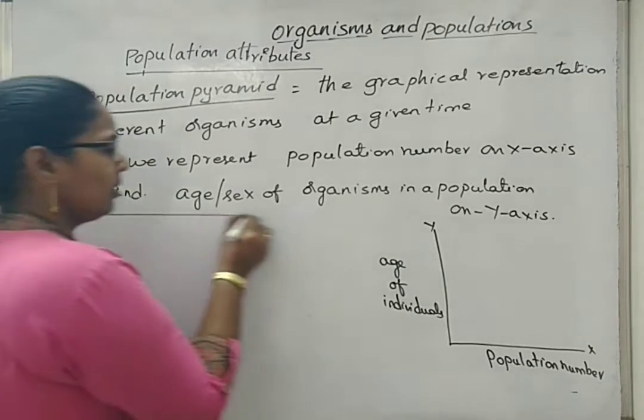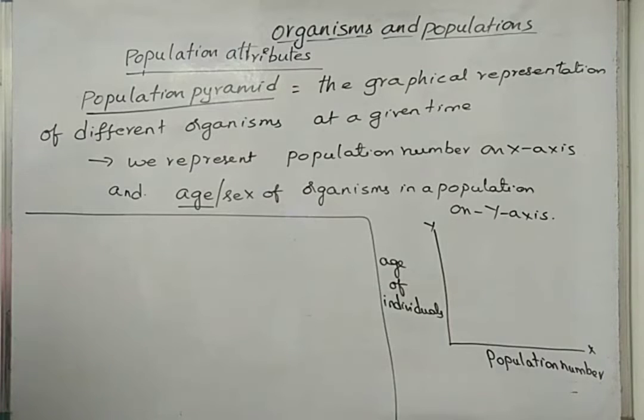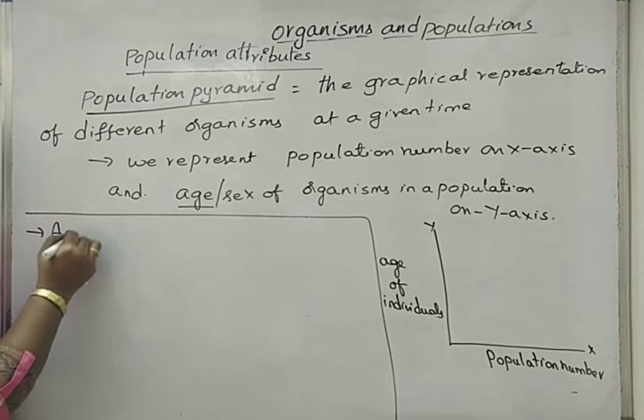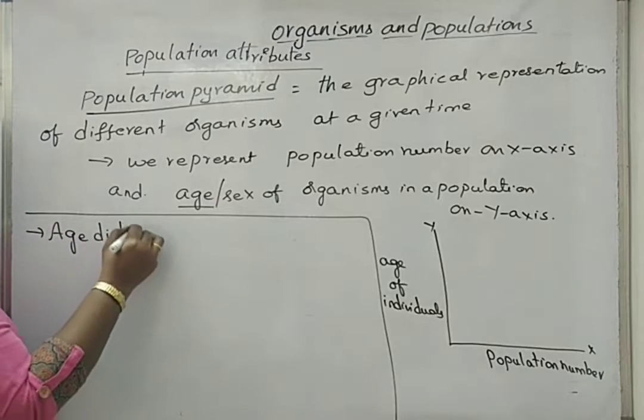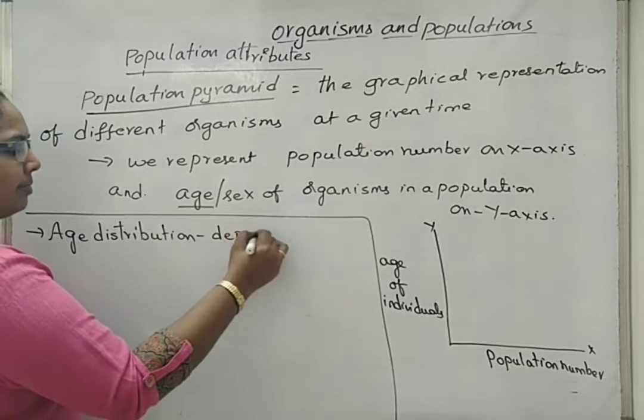Here we have used the term age. Age distribution depends upon natality and mortality in the population.